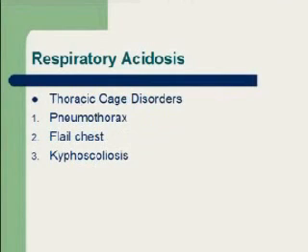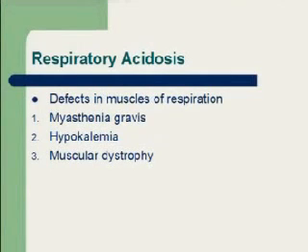Thoracic cage disorder, pneumothorax, flail chest, kyphoscoliosis all can lead to respiratory acidosis. Defects in the muscles of respiration can also lead to acidosis, include myasthenia gravis, hypokalemia, and muscular dystrophy.